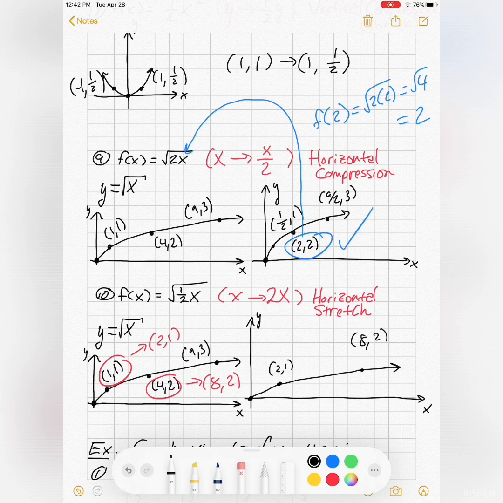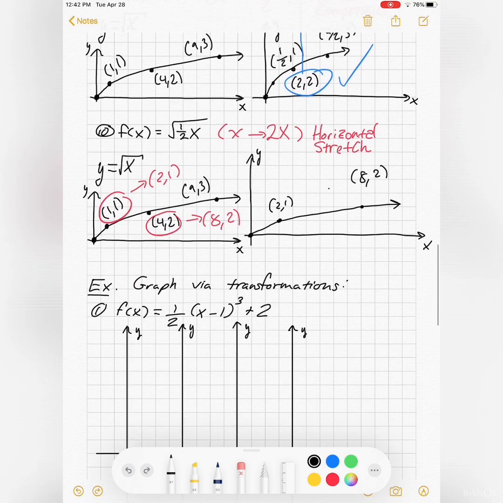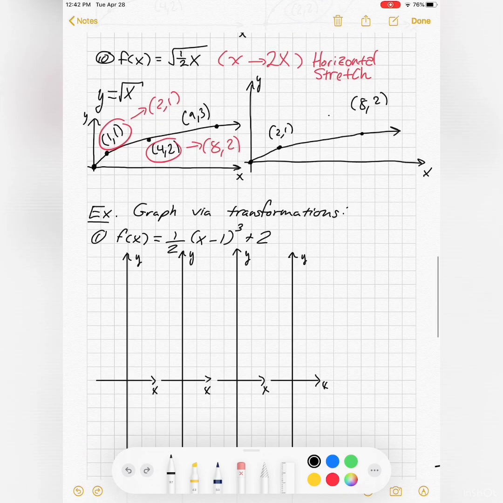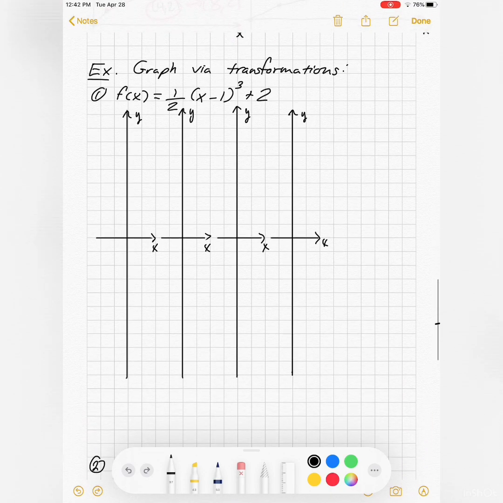So now that we know what each of these basic transformations does, let's look at something a little more interesting. The idea really is, can you take some of these basic building blocks and use those to put together a more complicated graph, like the graph of a function, say, like this.